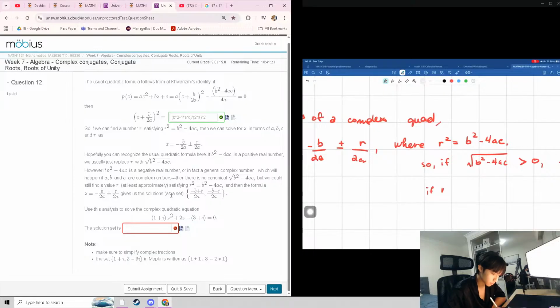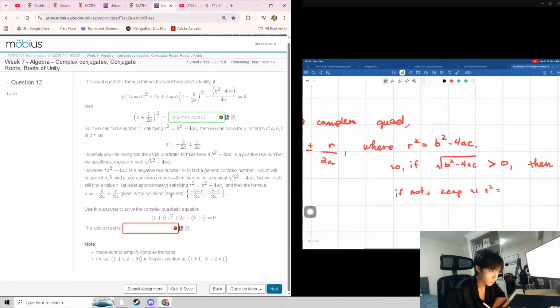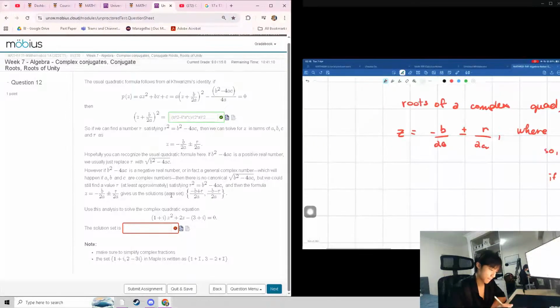If not, keep r squared as b squared minus 4ac. You can derive this further.